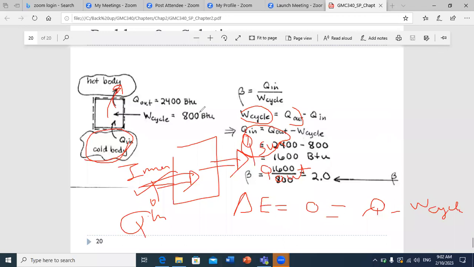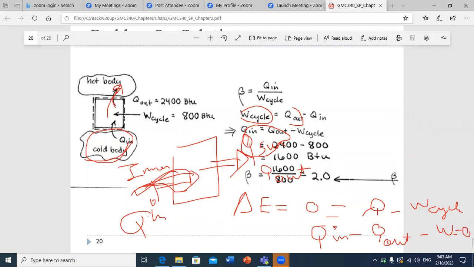If we consider a refrigeration system, Q_N is the one coming from the inner environment, meaning from your room. So Q_N minus what you are rejecting to the surrounding, so minus Q out, minus W cycle equals 0.